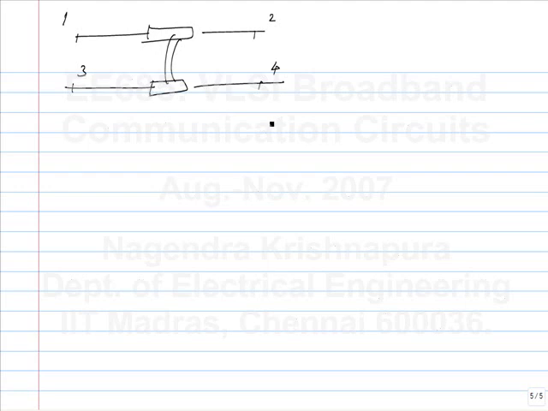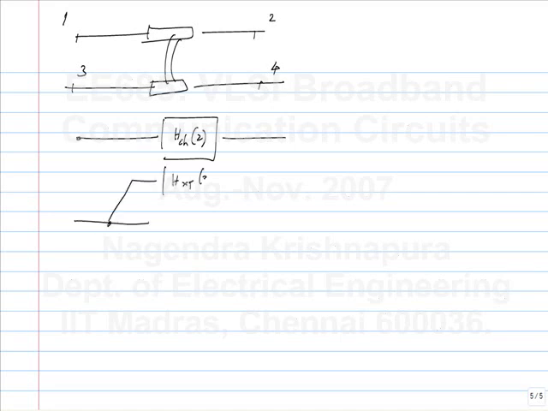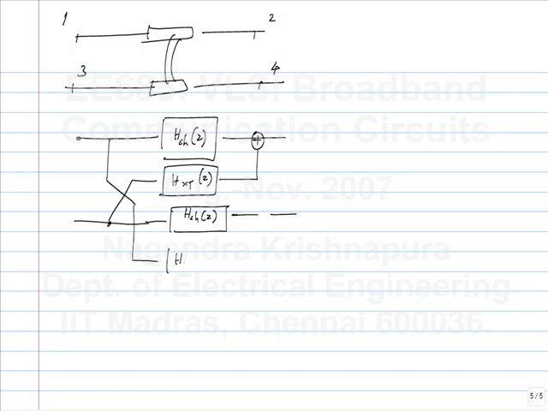As long as I assume linearity, I can model it like this. And between 3 and 2, it will be some crosstalk transfer function which is added to this. And here again I have the channel and I have the crosstalk.